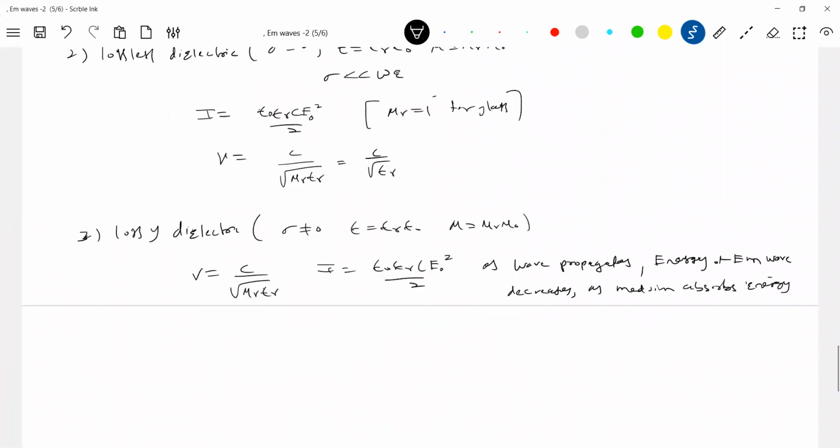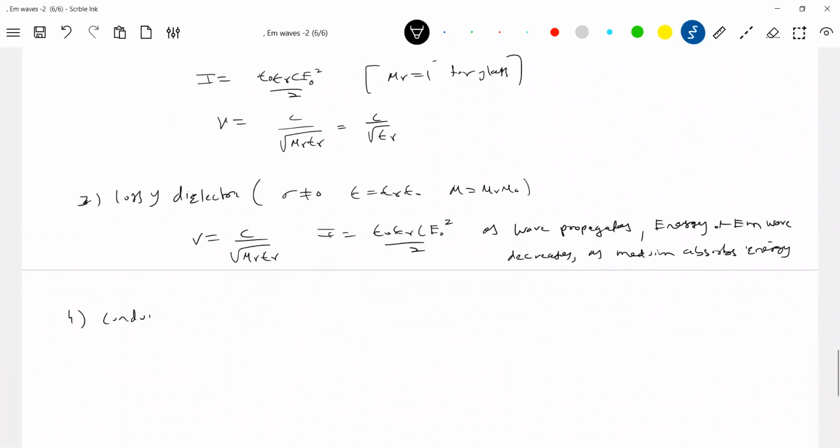Now, what about the conductors? For conductors, the sigma will be infinity. The relative permittivity will be 1, and mu equal to mu naught mu r. Here, sigma will be very much greater than... with respect to the EM wave we are discussing here, not with respect to static electric field.